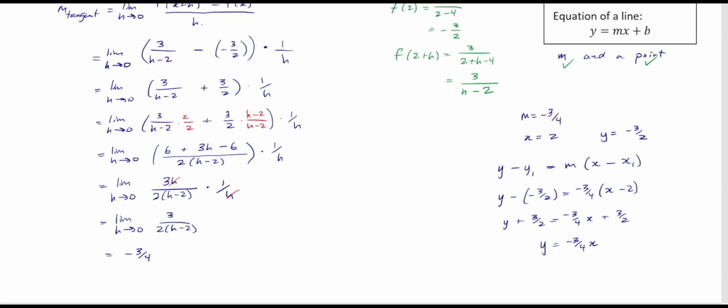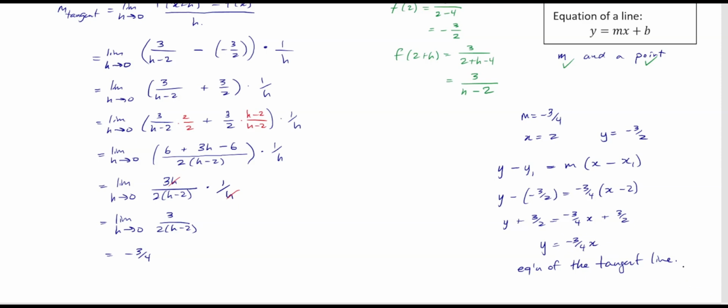So this right here represents the equation of the tangent line. We were able to get the slope using limits. We found a point by substituting the given value, x is equal to 2, into the function and getting our y value, and then used point-slope form to arrive at the equation of the tangent line.